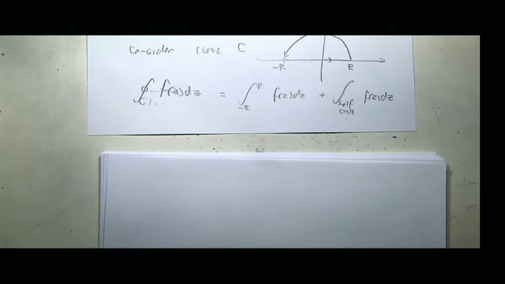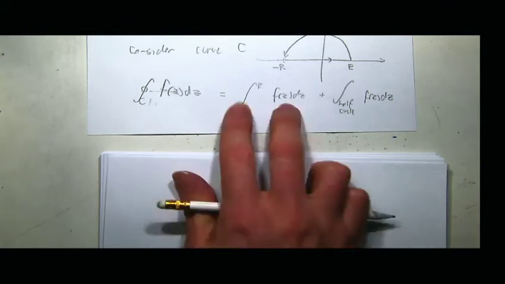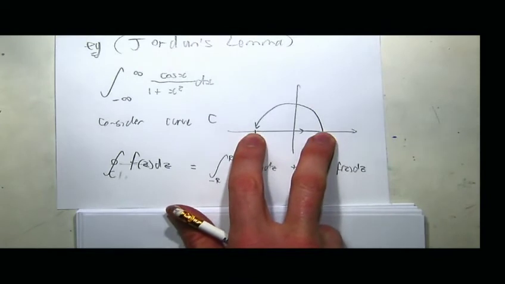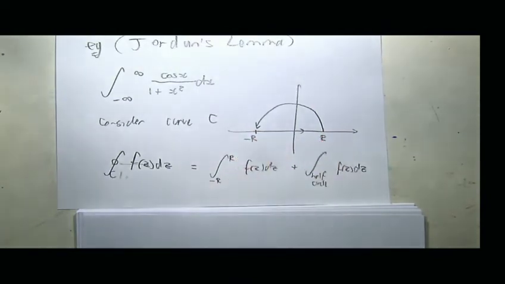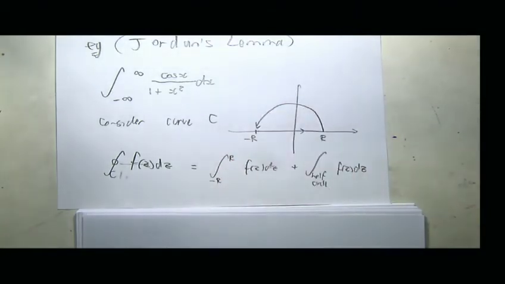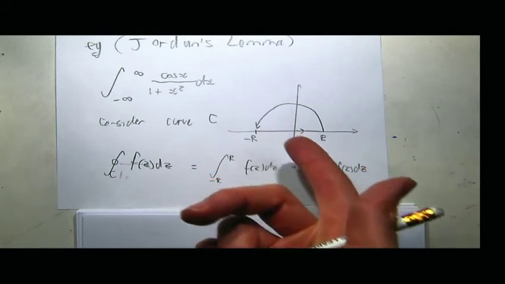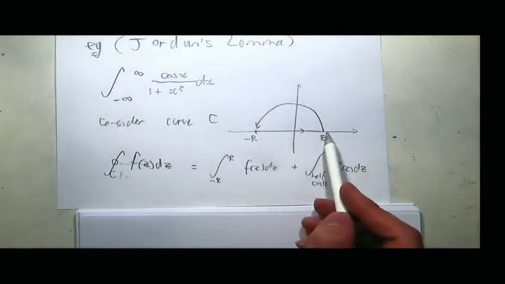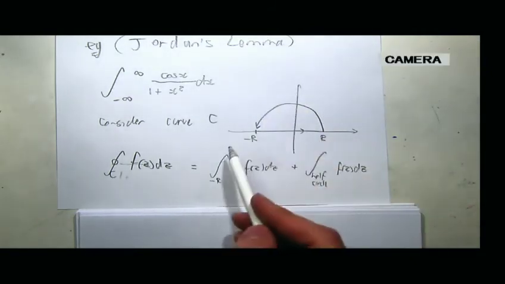Okay, so we're not going to go to infinity, we're just going to go this far, and then we're going to do the limit as r goes to infinity. If we just go this far, this loop's integral will either be 0 if there's no poles inside the loop, or it'll be 2 pi I times something. This loop is made of this bit, which is the bit we're actually looking for, and this bit.